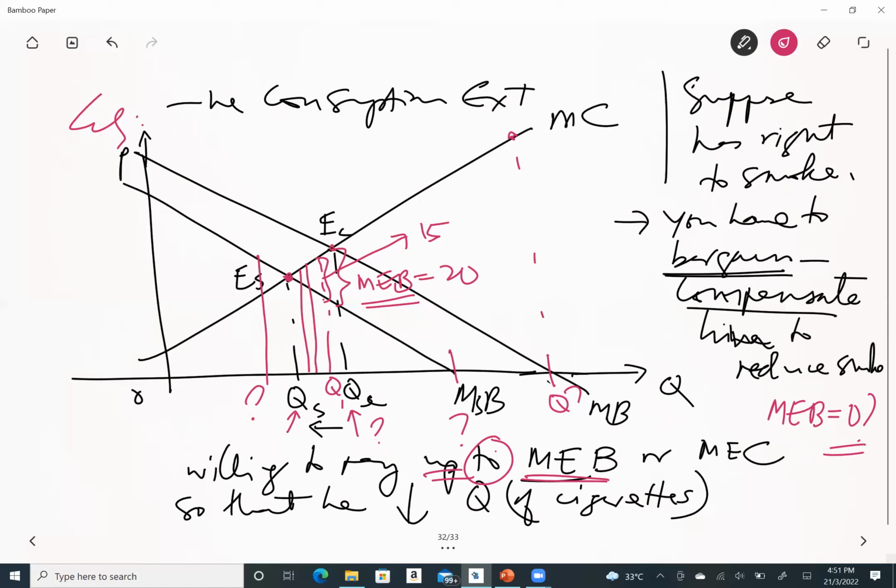So you are not going to pay him anymore, because you will not gain anything for him to reduce smoking. So you end up there. That is the private bargaining: we pay him up to MEB so that he will reduce the quantity.